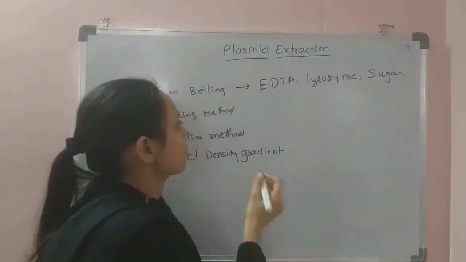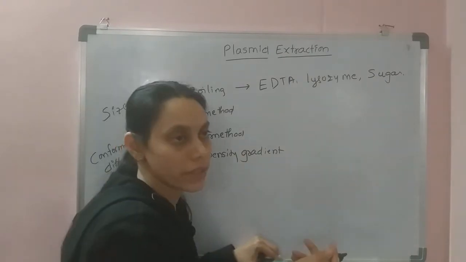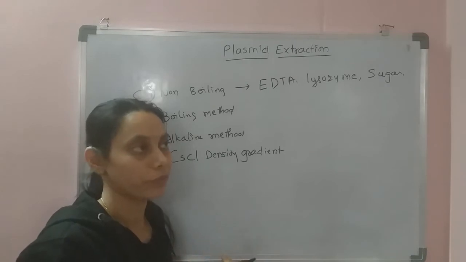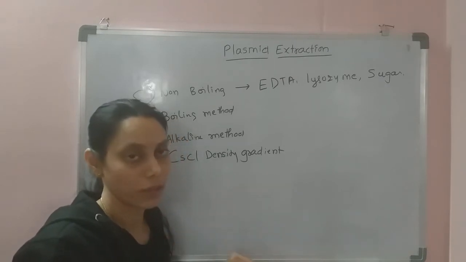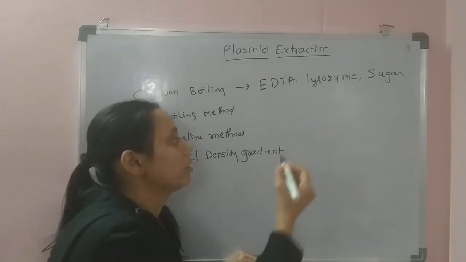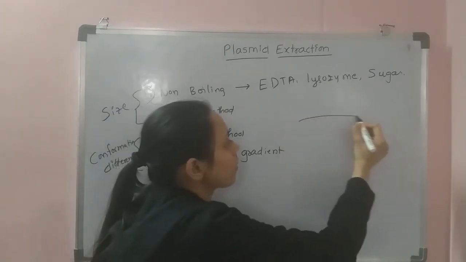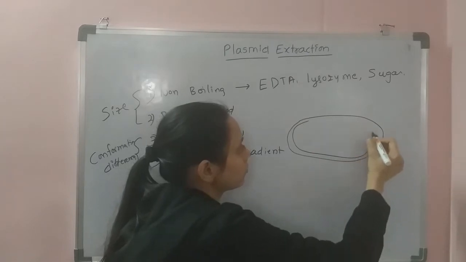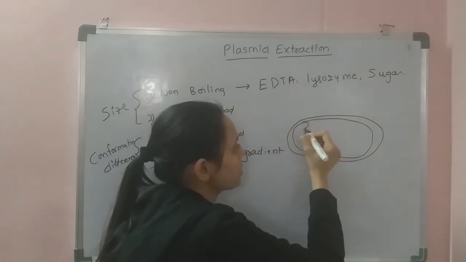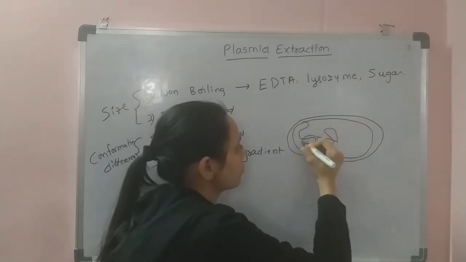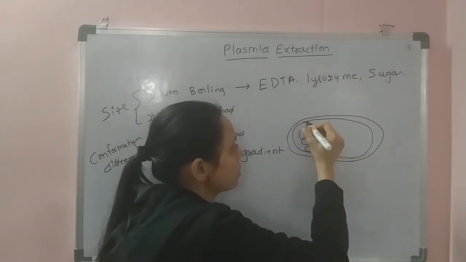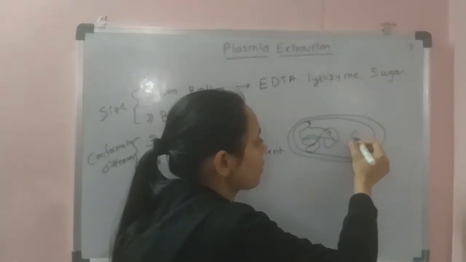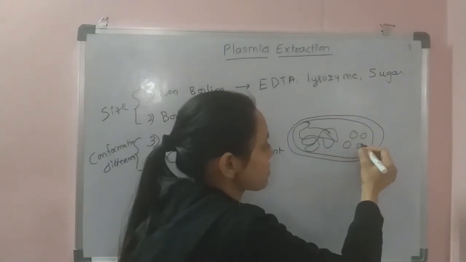Here, as we already discussed, based on the size we are going to isolate our plasmid. That means here this bacteria, as we already discussed, has a main chromosome which is attached with the cell membrane, and these plasmids will be freely suspended.